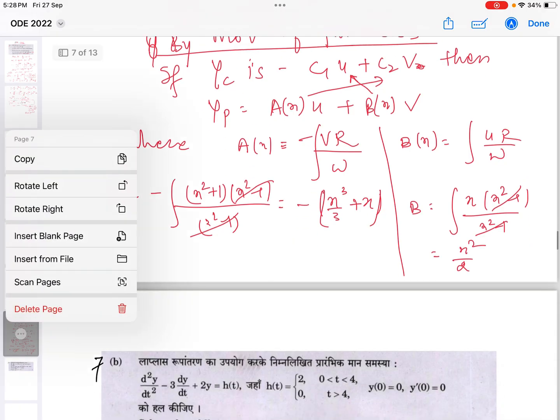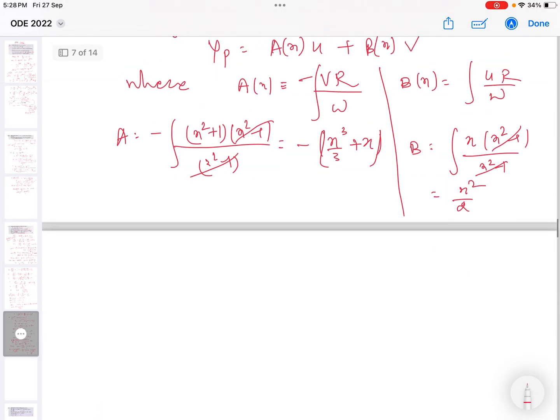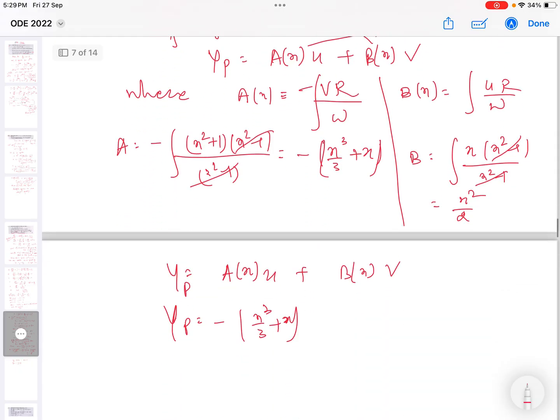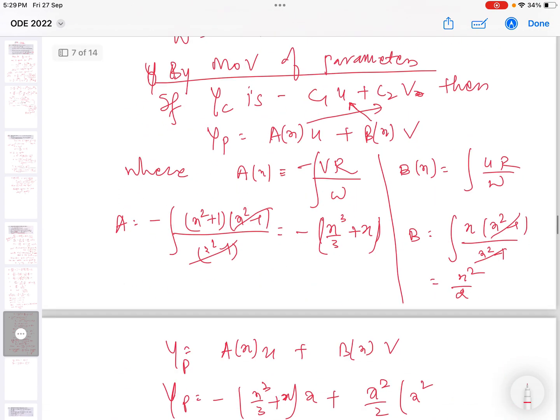So we'll be putting the terms: y is equals to A(x) u plus B(x) v. So y particular is equals to minus x cube by 3 minus x, u is x, plus x squared by 2, v is x squared plus 1, I guess.